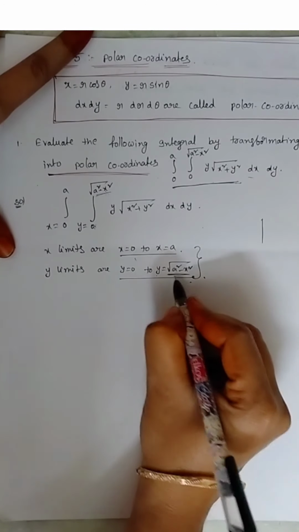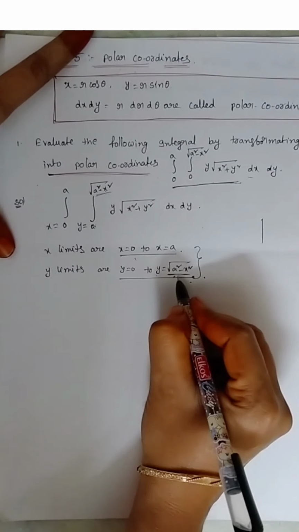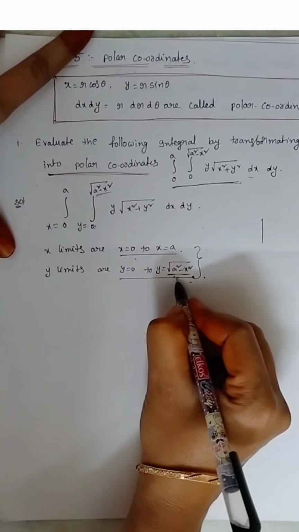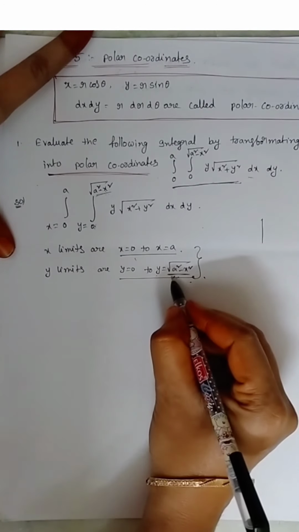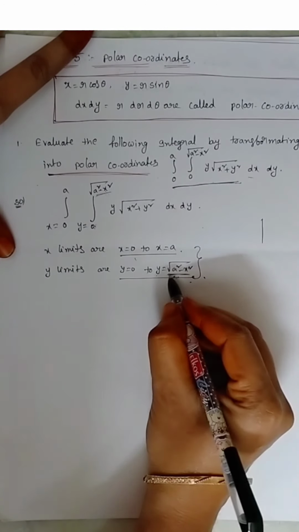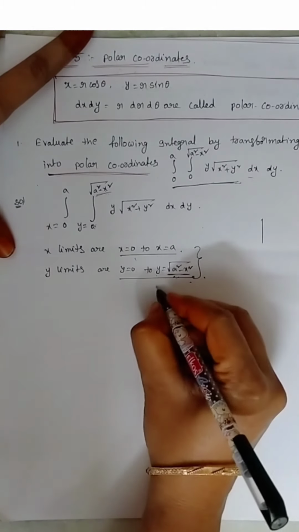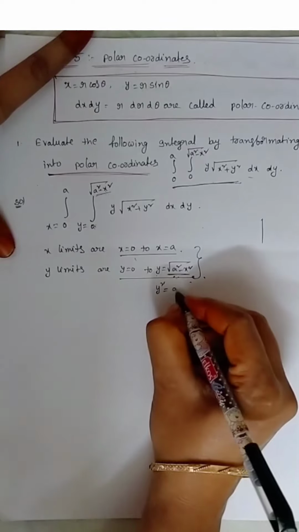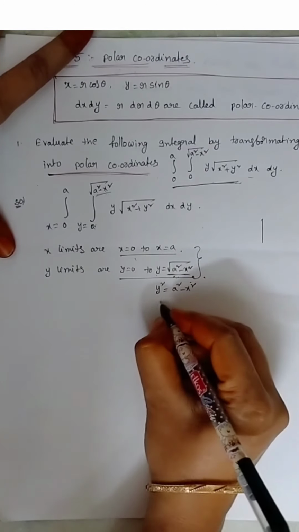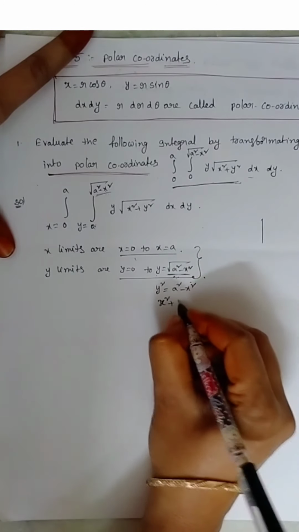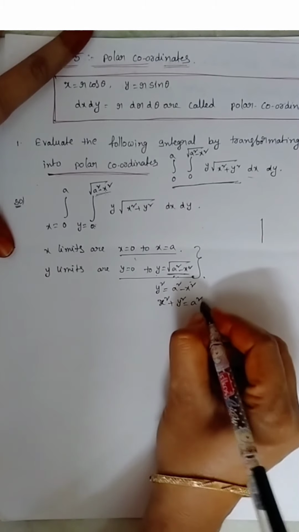As I told you already in the previous method, wherever the limit is in the form of square root of a square minus x square, it makes a circle. Squaring on both sides, y square equals a square minus x square, so x square plus y square equals a square.